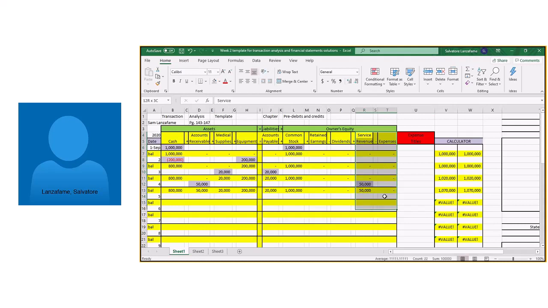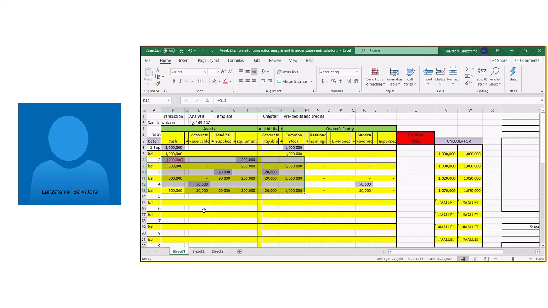This is all you have to look at when asked about profitability. Right now the company has $50,000 in revenue, no expenses, 50 minus 0. At this moment, they have $50,000 worth of net income. This stuff has nothing to do with net income. It's important, but not for the question that I just asked.